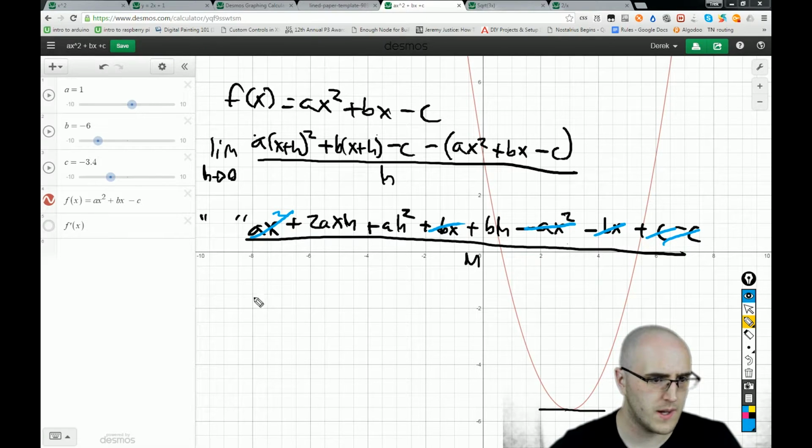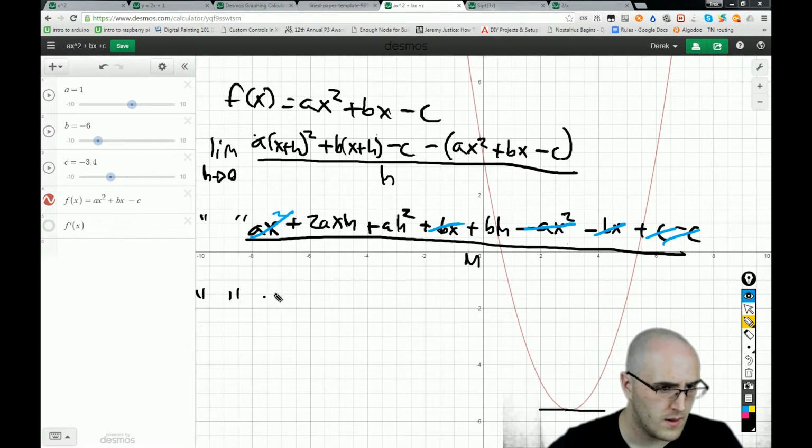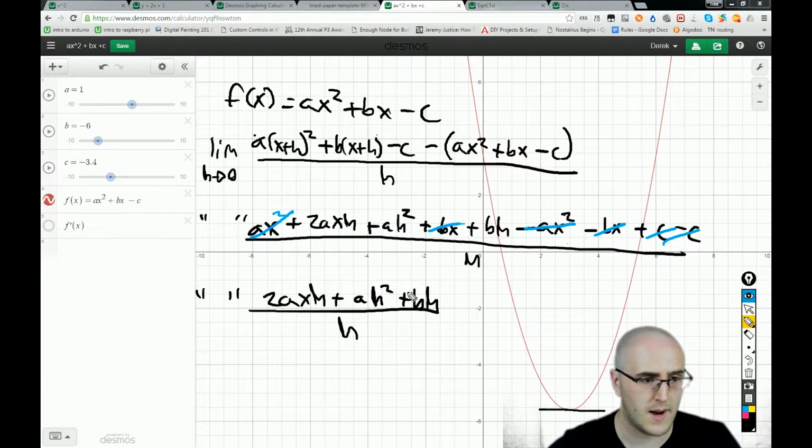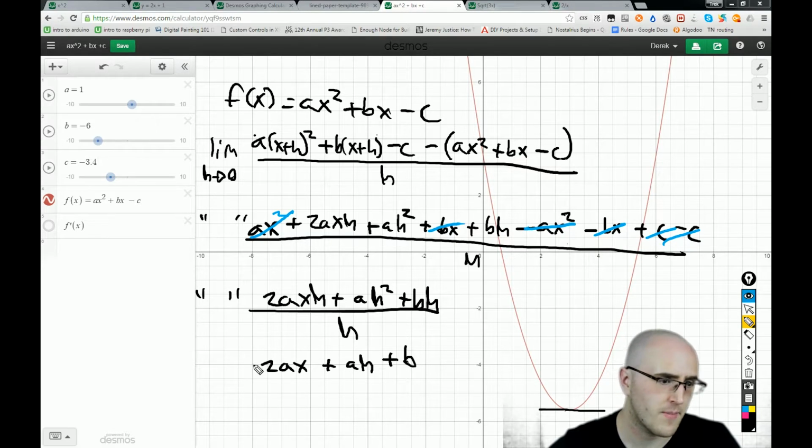And we are left with 2axh plus ah squared plus bh over h. We can divide h out because all of our terms have h on, and we end up with 2ax plus ah plus b. And we can take our limit now.